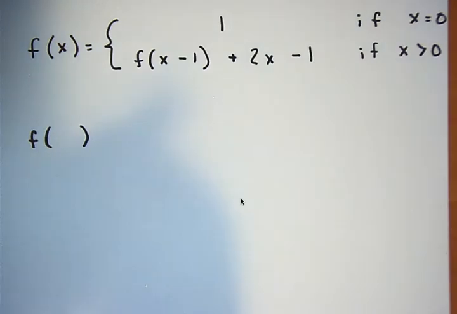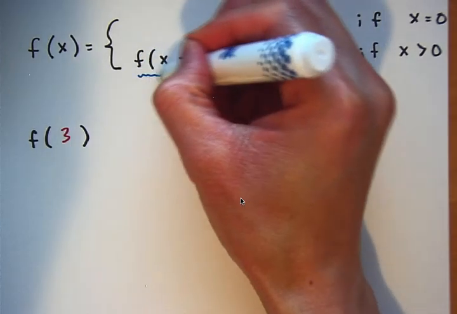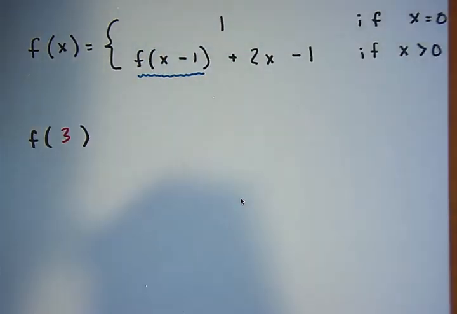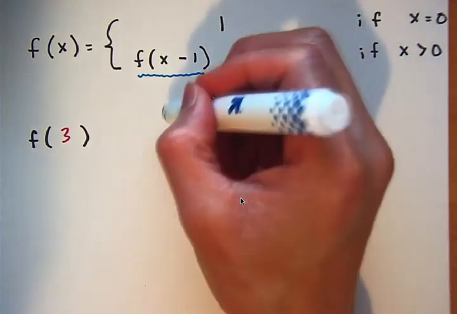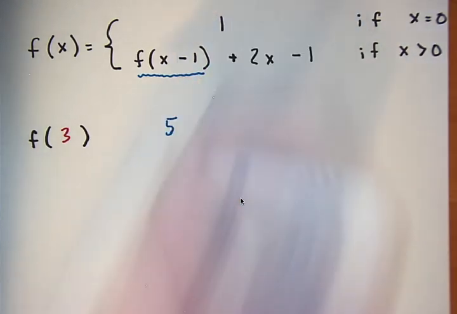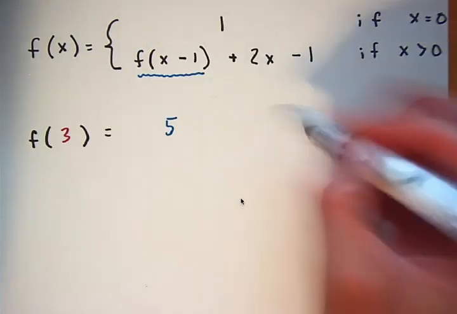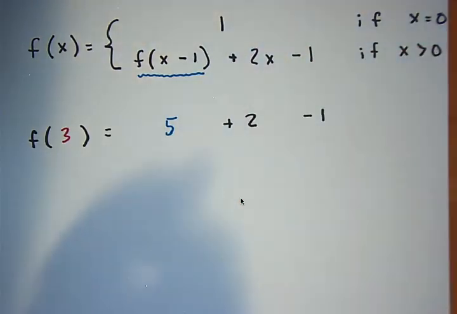So f of 3 is equal to your previous y, which in this case is this 5 right here. So that is a 5 right there, plus 2 times x minus 1.